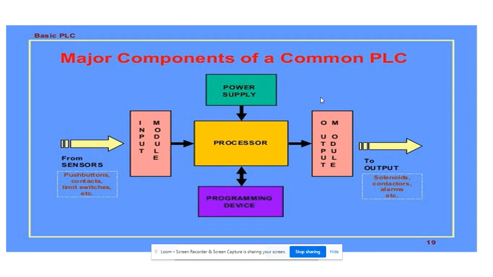But for the complex ones in the market, the processor can even be divided into 6 parts: the HMI and different kinds of memories, depending on the complexity of the process of the plant to be controlled. So that is the basic one.